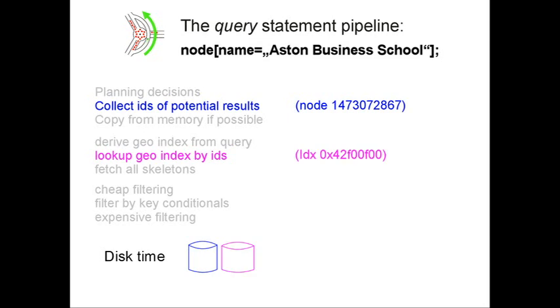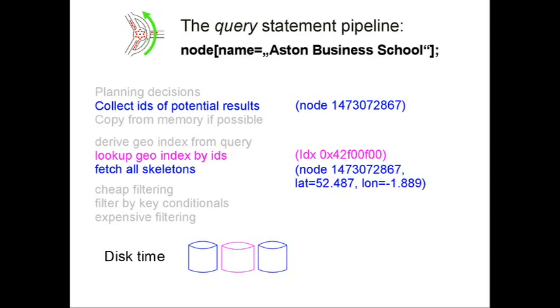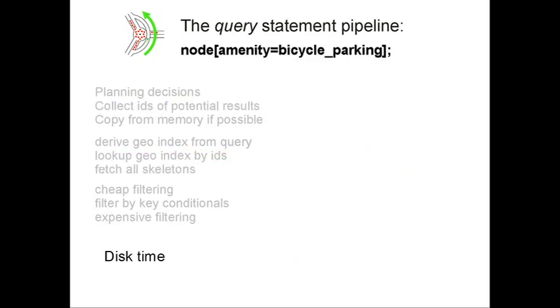This lookup takes on its own a unit of disk time. Now we can read the node skeleton object from the database within only 1 unit of disk time. This completes our query.